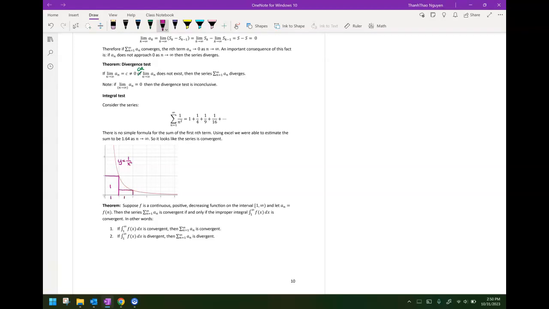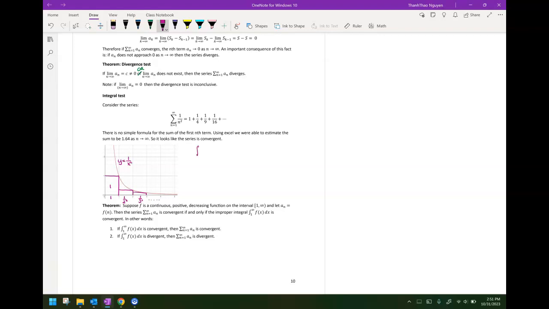So here 1/2 squared, 1/3 squared, and so on and so forth. So it looks like I can estimate the sum of the series by using the integral, calculating the area under the curve.